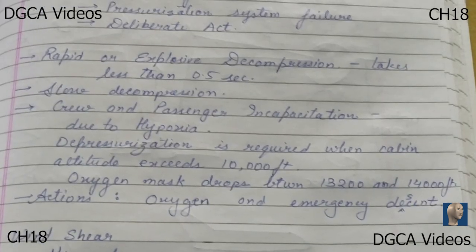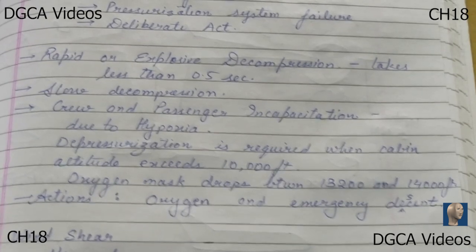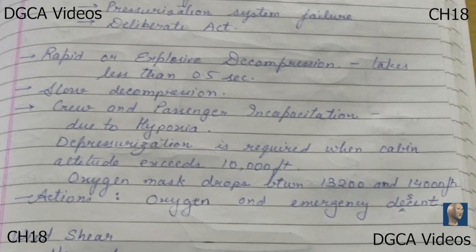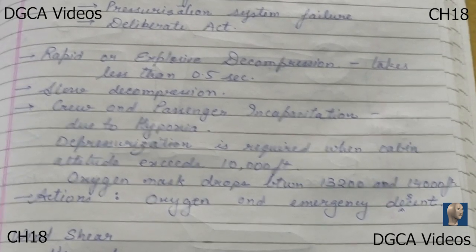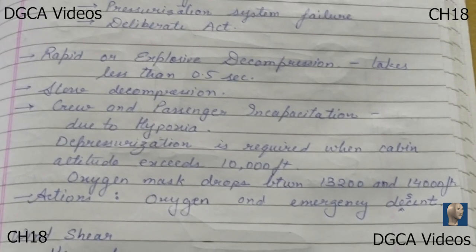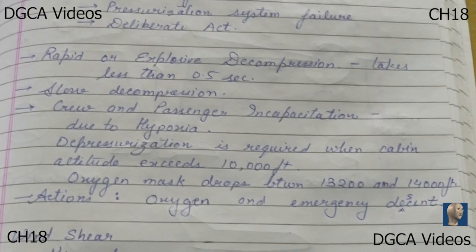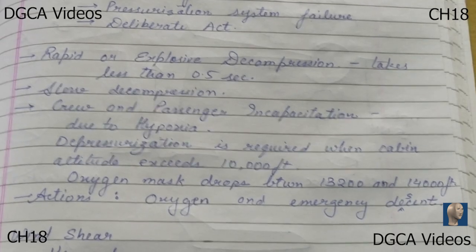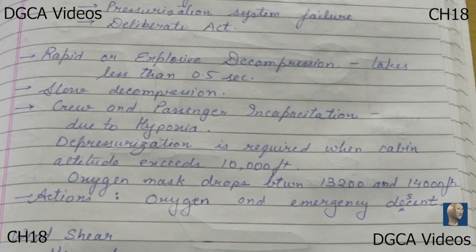Rapid or explosive decompression. This is the decompression which occurs very rapidly and is unexpected. The rate at which this decompression occurs is much greater than the decompression rate of our lungs, so the lungs can even get damaged. Sometimes it takes even less than 0.5 seconds, so that is considered explosive.